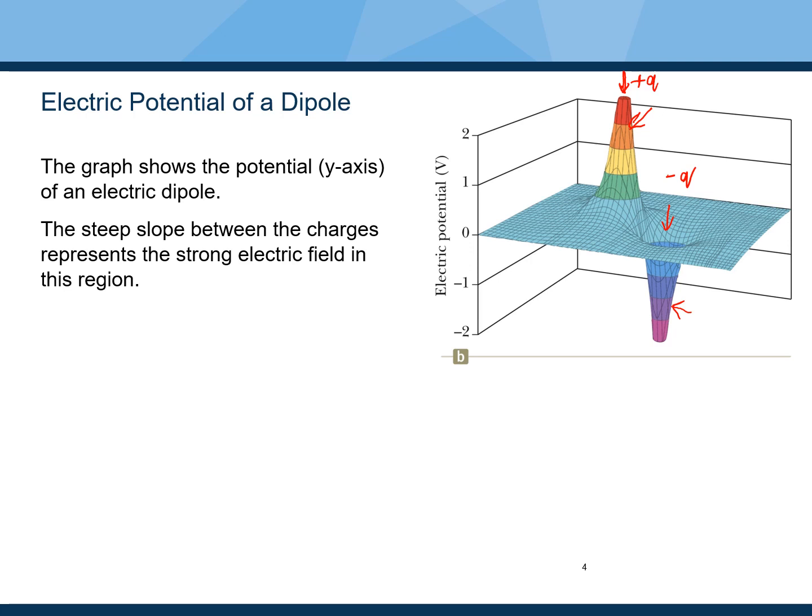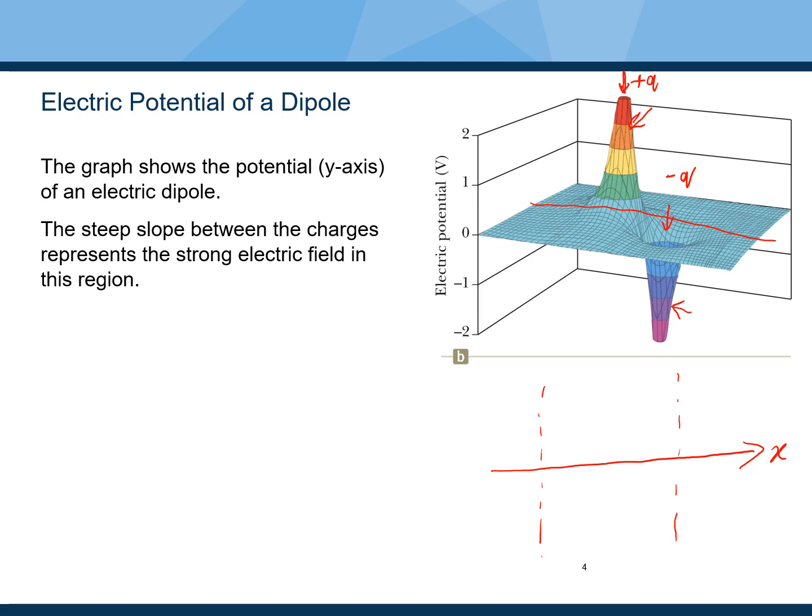And if we now try to plot out the potential along a line out here, let that line be the x-axis, for instance, and let this be the location of the positive charge, and let this be the location of the negative charge.